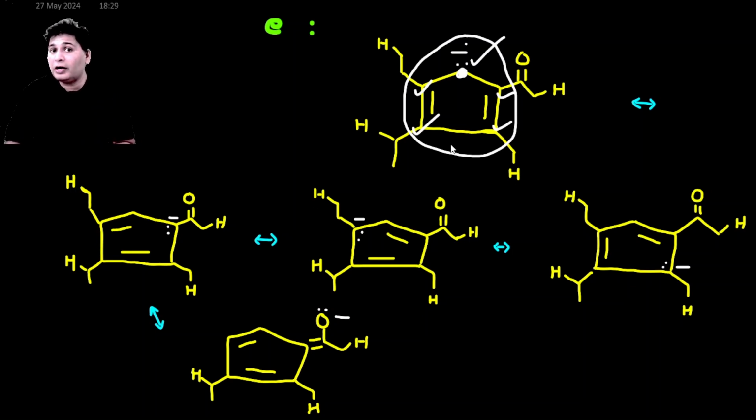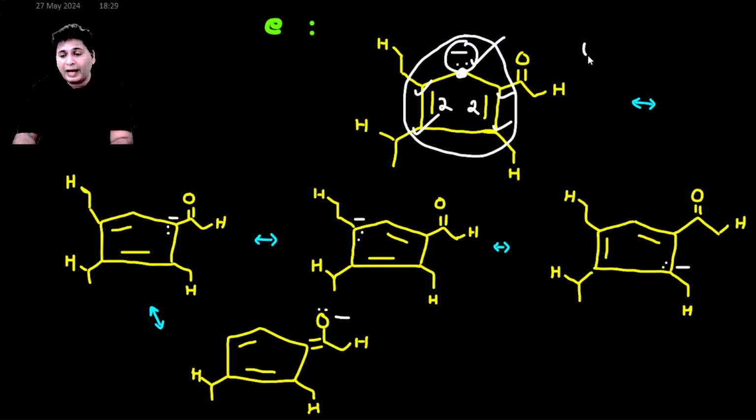And if you talk about whether Huckel's rule is followed or not, let us first count the number of electrons. 2, 4, and 6. So you know, it may be 6 pi electrons, it may be 2 pi electrons, it may be 10 pi electrons, it may be 14 pi electrons.